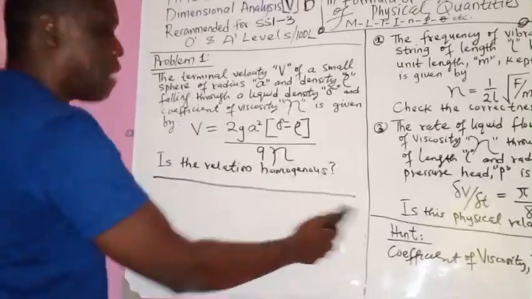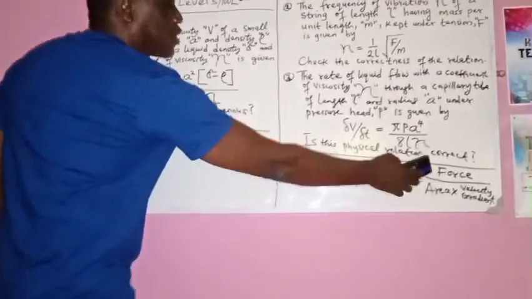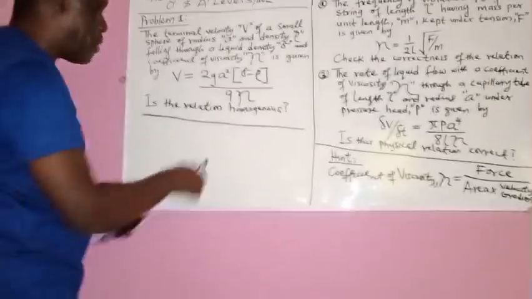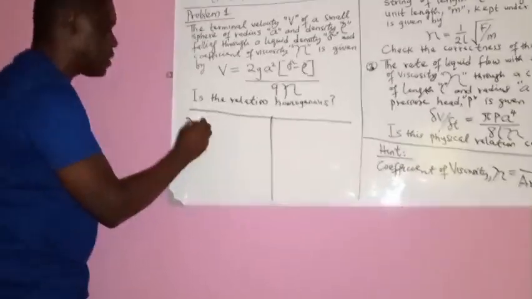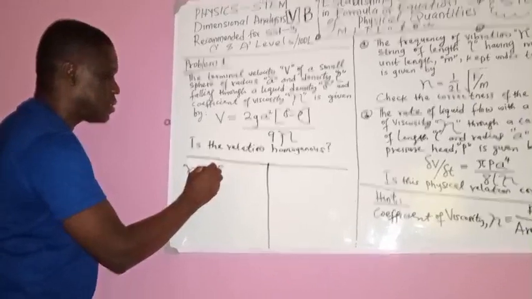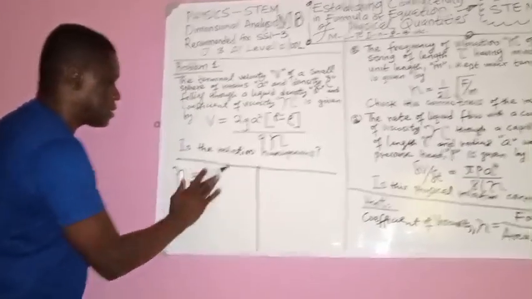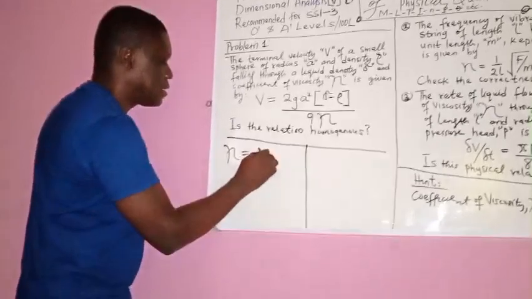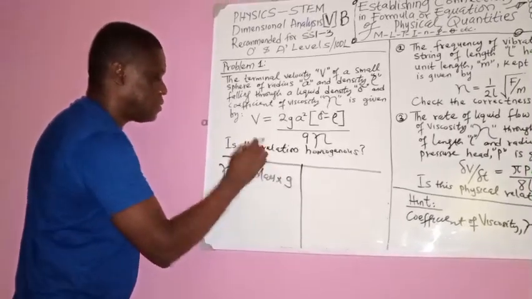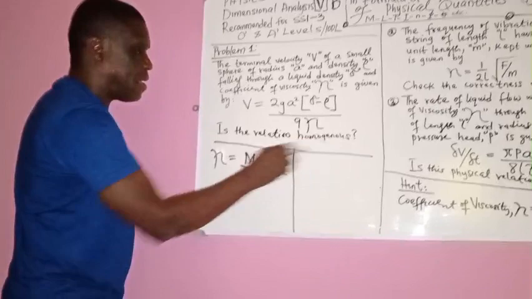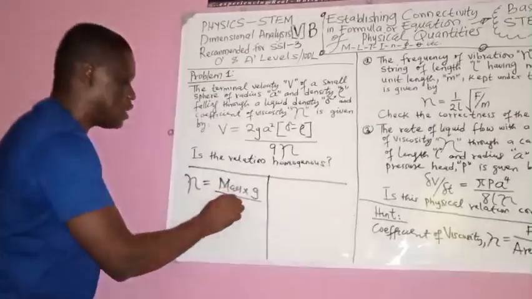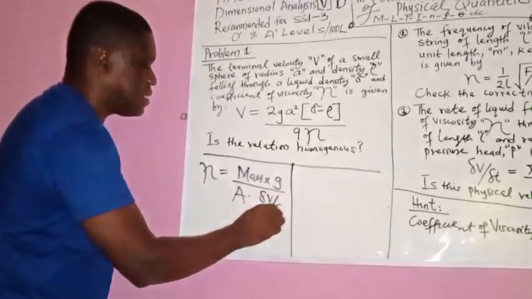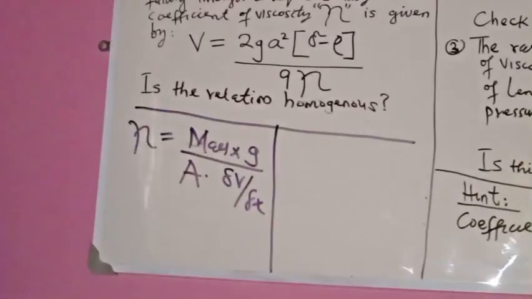Let us write out the dimension of this coefficient of viscosity based on what I've just explained. I'll be doing that right here now. We are told that this coefficient of viscosity is force, which is mass times acceleration, divided by area, that's capital letter A, then velocity gradient. Like I told you, it means change in velocity per change in distance, or length.